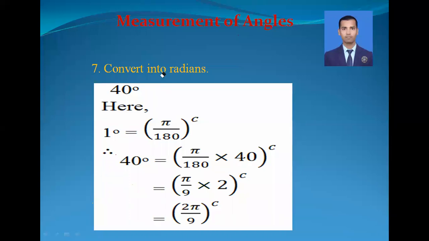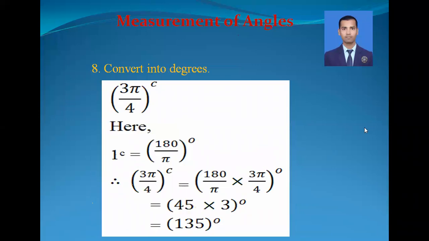For question number 8, our question is like this: convert into degrees. In question number 7, we converted degree into radian. And in the same way, in question number 8, we need to convert radian into degree measurement. We have 3 pi by 4 radian.